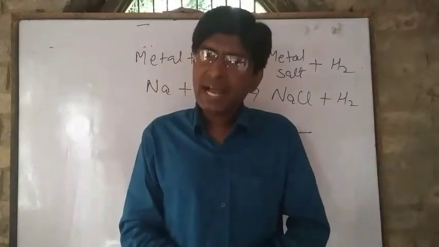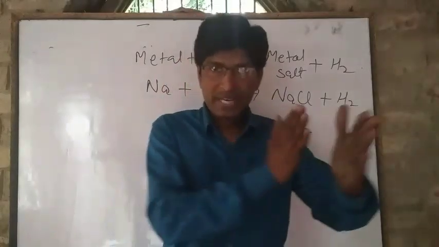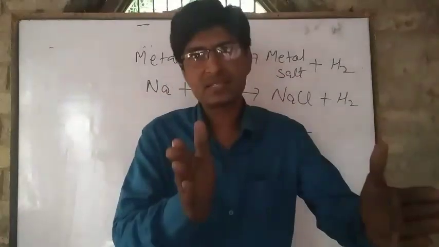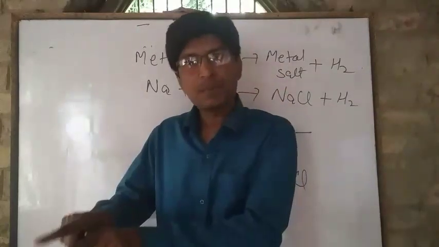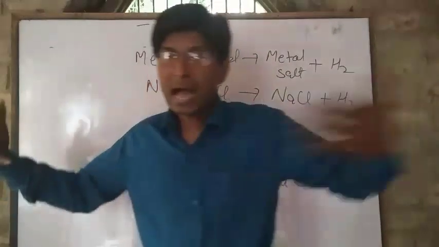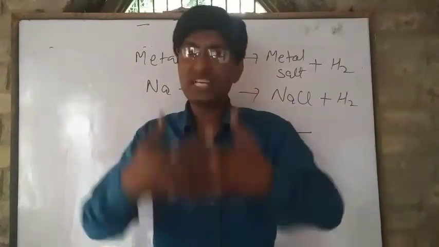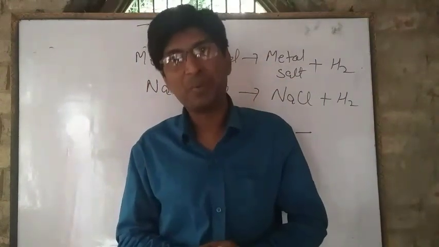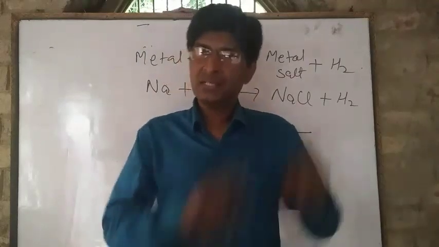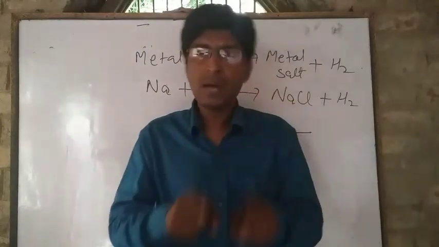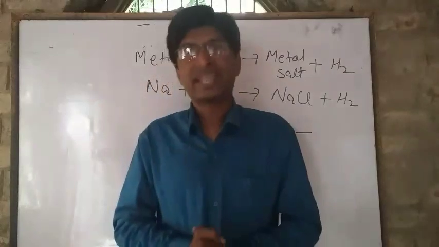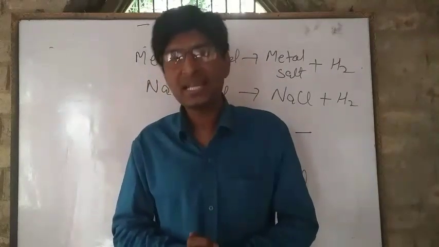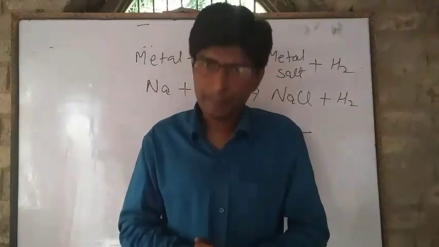Nonmetals form anions. When cations formed by metals and anions formed by nonmetals are held together with a strong force, it is called an ionic bond. The compound formed by the combination of cations and anions is called an ionic compound.